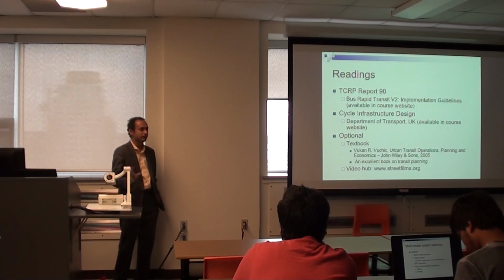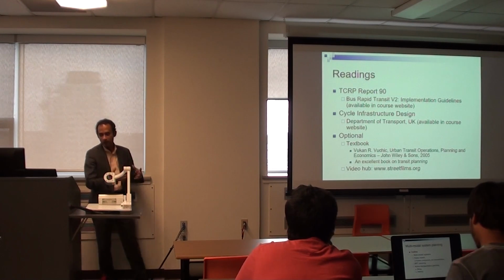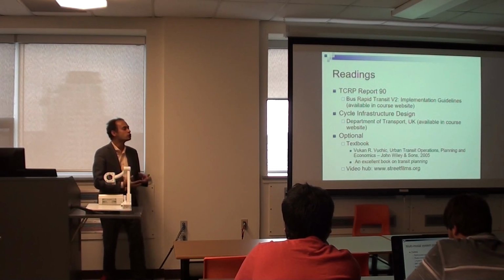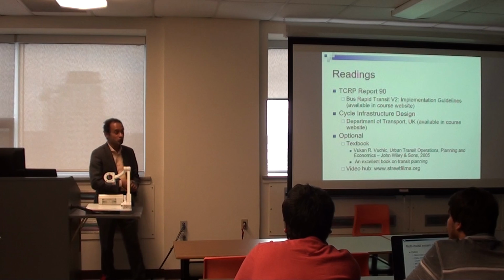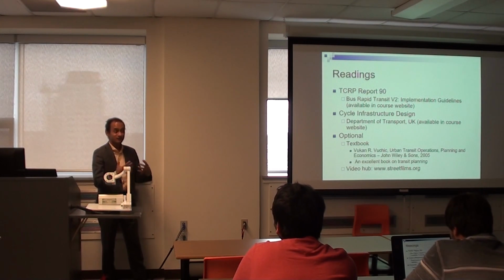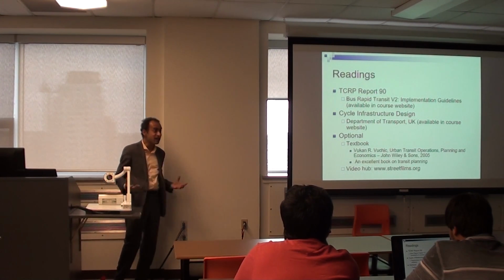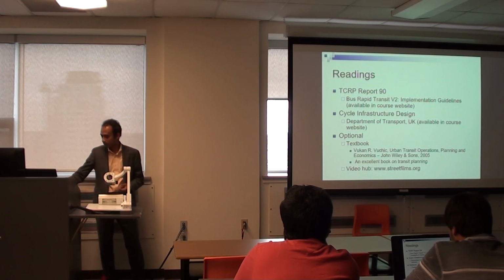So that's generally the reading list. There is this GCRP report on bus rapid transit, and you can also look at the UK Department for Transport's website, which will give you some standards for designing cycling infrastructure and many planning and design considerations for that.